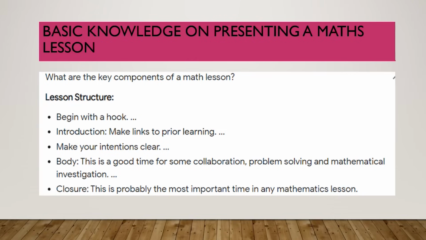Then you make your intentions clear. In a lesson, children need to know what it is that they need to know by the end of the lesson. We do this by doing objectives and outcomes. These are the things that they should be able to do by the end of the lesson. Then you have the body of your lesson, which is the main part of the lesson. That is the part where you use your knowledge of patterns, numbers, the way you deliver the content on shape, space, measurement, addition, having a number sense.